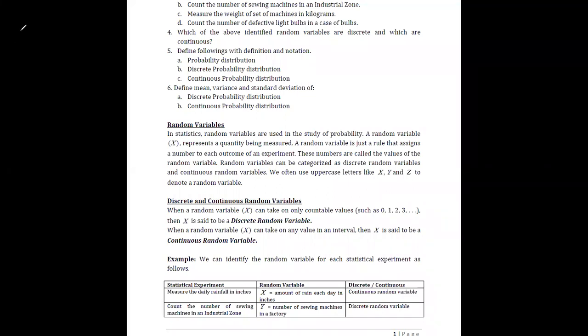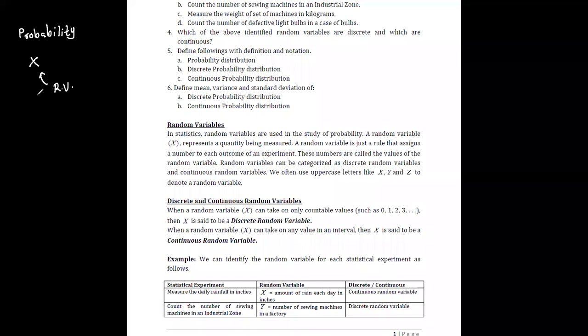Therefore, when we discuss things with probability, we need to use a variable. In such a situation, we let the variable be x. If our variable is x, then this variable is said to be a random variable.